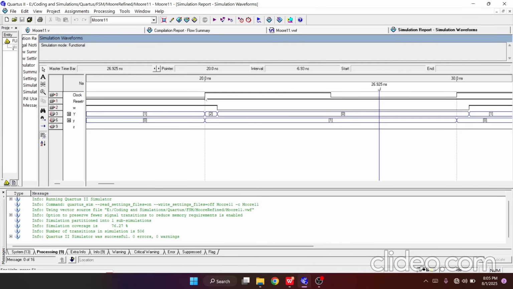Before reaching this positive edge, the value of capital Y, that is the value of the next state, was 1, or B state. So at this point, the small y, or the present state, must be B, which is 1 here, meaning B. So now our present state is B.